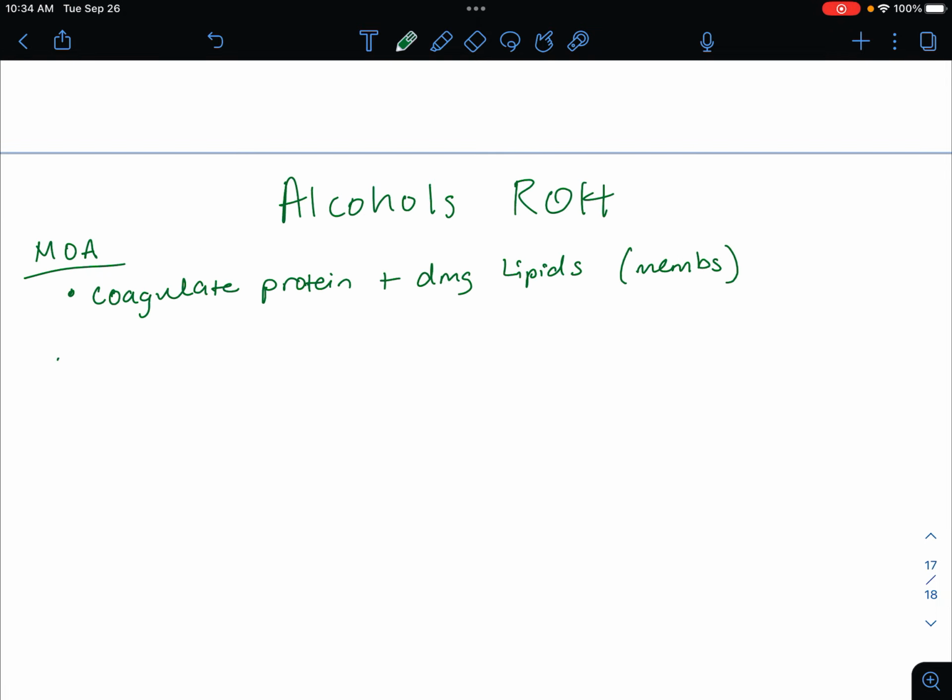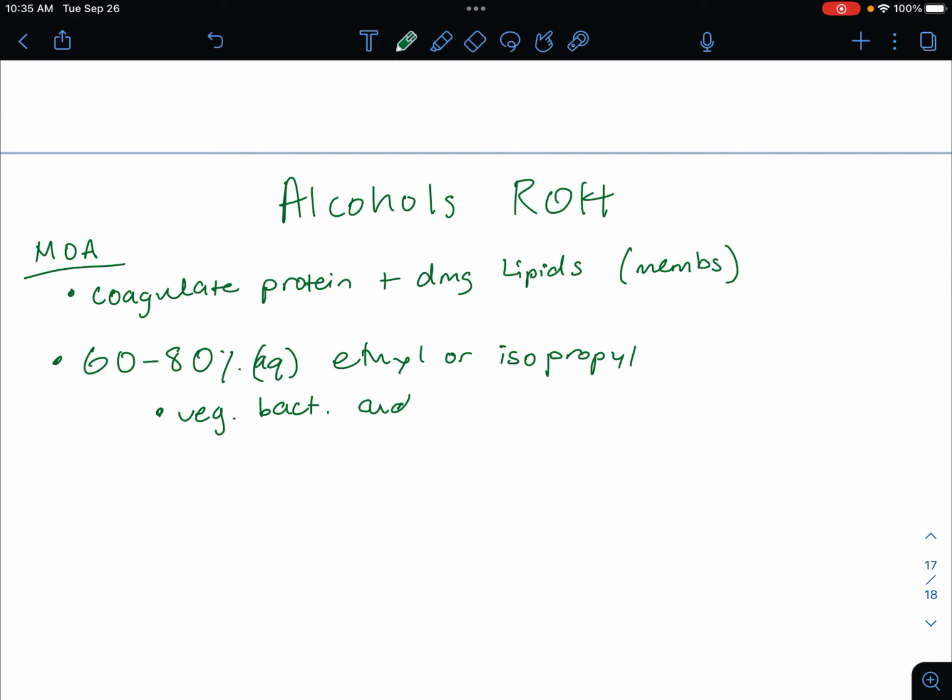And then usually you'll use one that's 60 to 80% in an aqueous solution. So AQ, and it's usually ethyl or isopropyl. And they get rid of vegetative bacteria, so bact, and fungi.